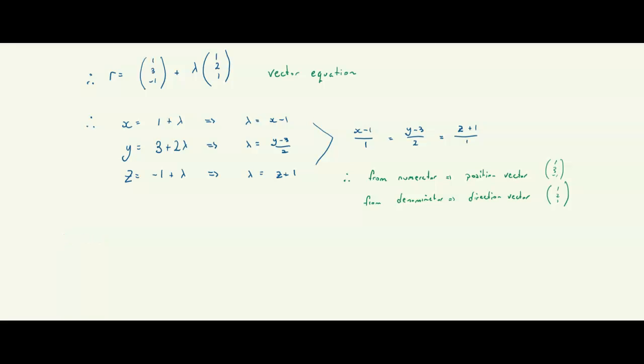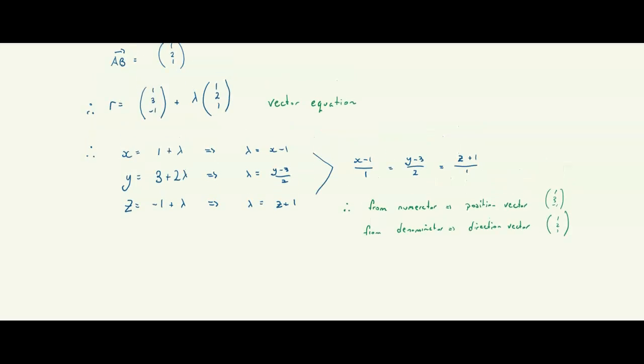So hopefully you can see there, by making lambda the subject, you can see why our direction vector of 1, 2, 1 comes from this, because our coefficients of lambda are our direction vector. So when we make lambda the subject, they turn into the denominators, and the position vector sits out the front there.